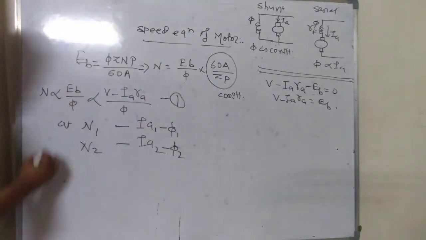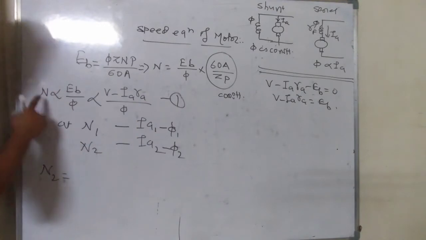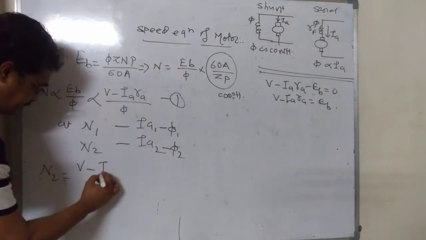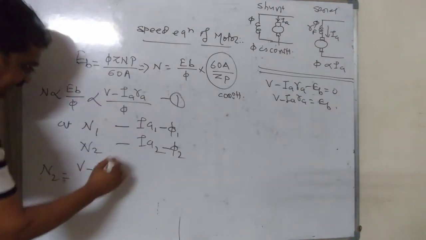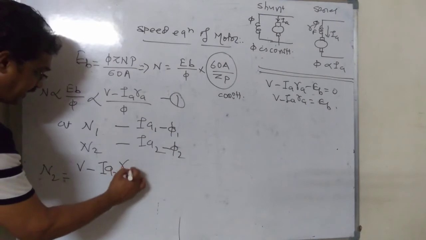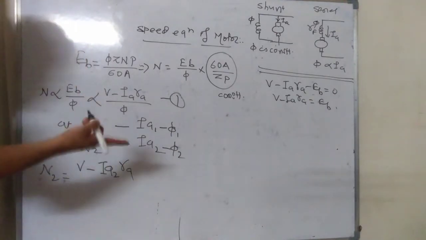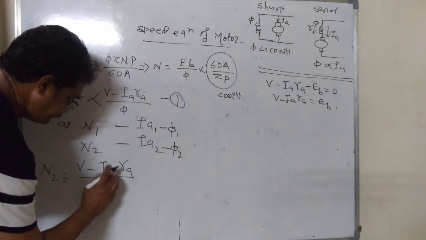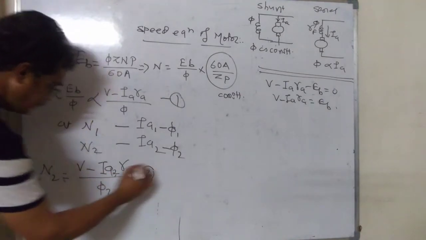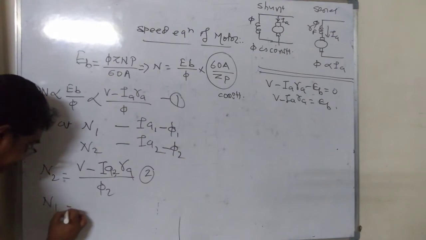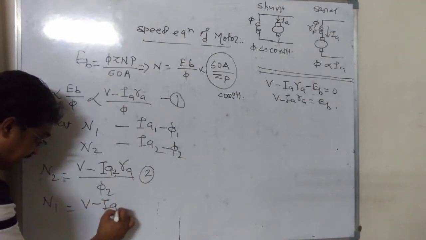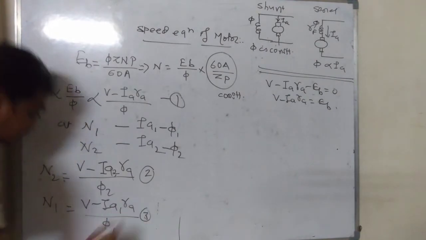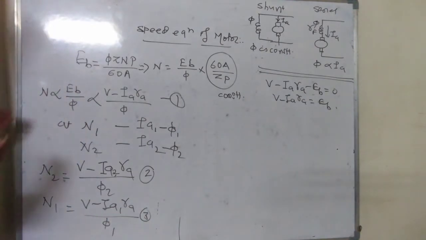N2 is equal to V minus Ia2 Ra upon phi2, since armature resistance is constant and supply voltage is constant. And N1 will be similarly V minus Ia1 Ra upon phi1. Right? So we take the ratio of 2 and 3.